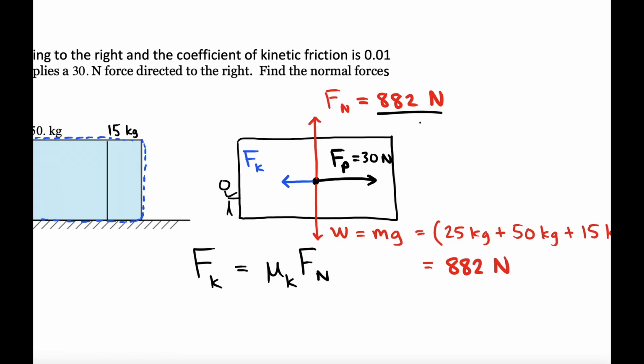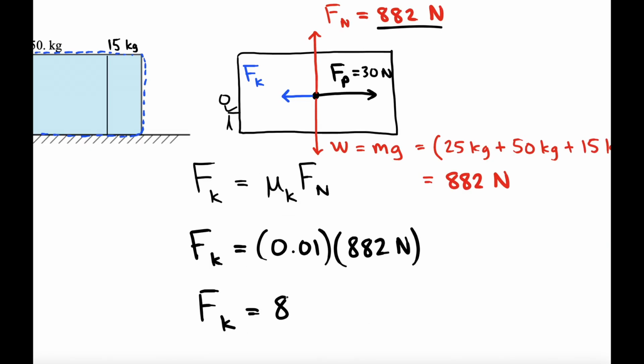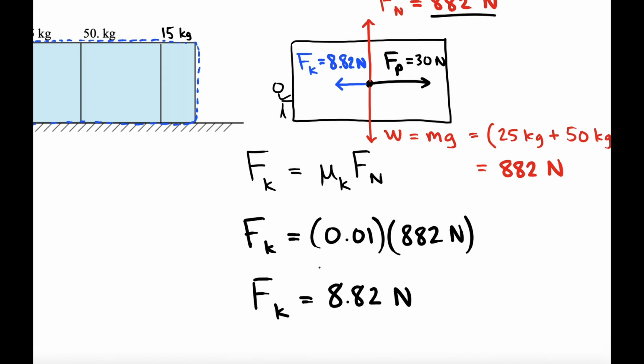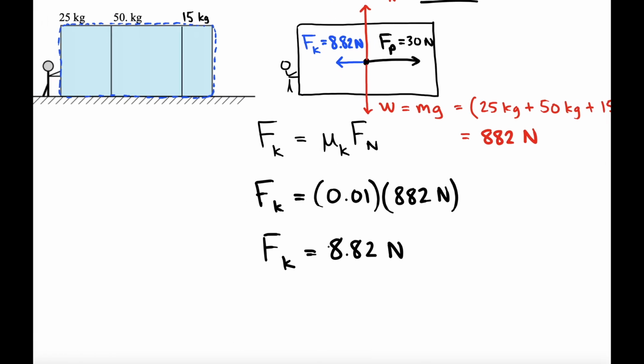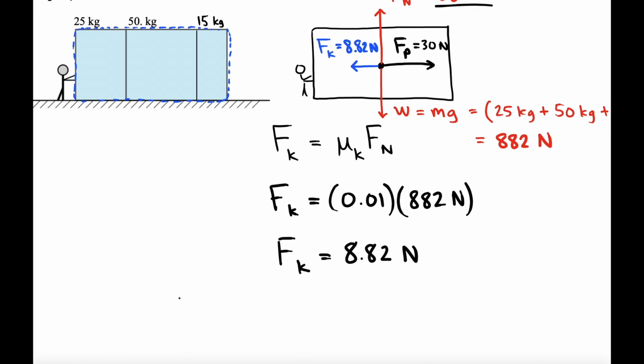Now that we know this, we could go on to find the amount of friction. Plug in the coefficient of friction and the 882 newtons. So our friction is going to be 8.82 newtons. Now that we know all the forces involved, we should be able to find the acceleration of this system using Newton's second law.